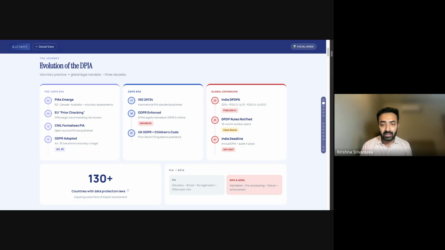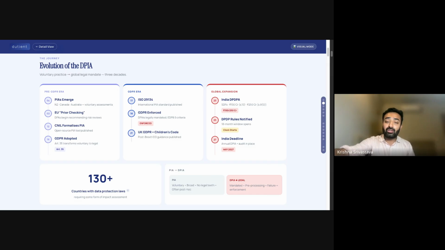And once the GDPR was enforced, there was also the European Data Protection Board's nine criteria. And the UK also came up with their own related pieces around what could be mandatory versus what is not mandatory. So these are the things that we noticed when we look at the evolution of the DPIA, where it came from, what was the context around it, and so on.